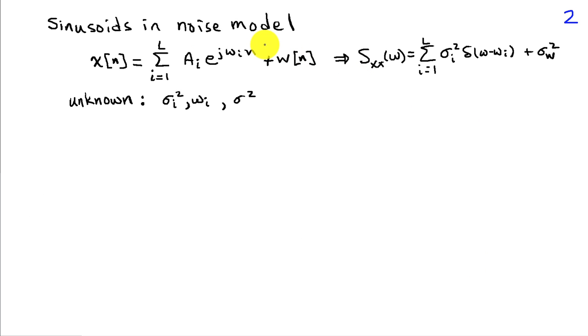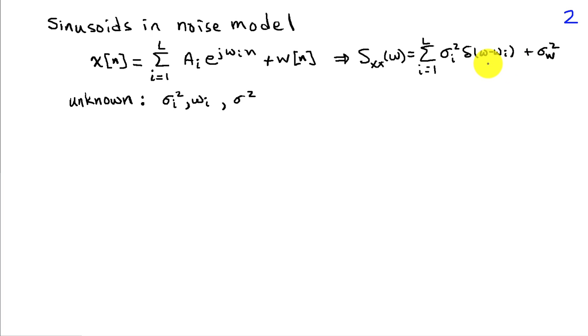Now, another example of a parametric model for power spectrum is that of sinusoids and noise. In this case, the model is to assume that the data that we measure, x of n, consists of a combination of capital L sinusoids with amplitudes a_i and frequencies omega_i plus white noise. And with this kind of model, the power spectrum just has values of sigma_i squared times delta of omega minus omega_i.